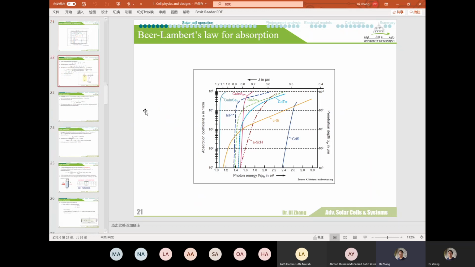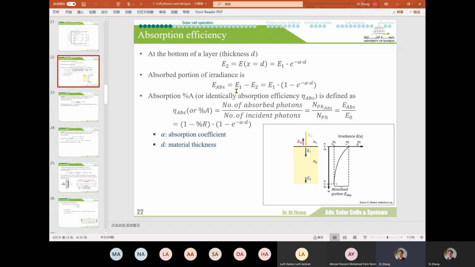For the absorption efficiency, you can derive that with your understanding. This diagram is the main diagram you need to use, and from there we can find all the solutions for the irradiance that we have here.